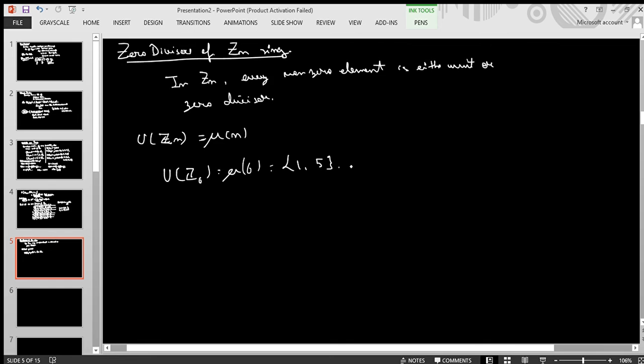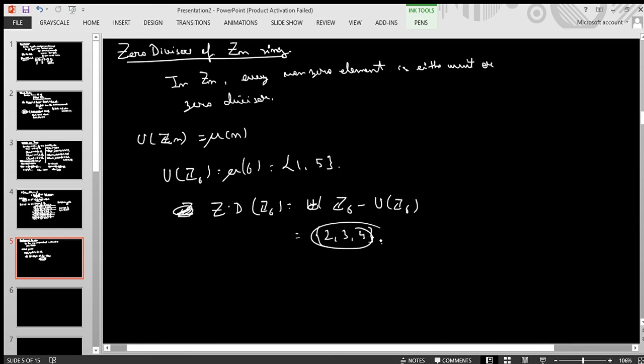So what are the elements left? Zero divisors of Z6 is equal to Z6 minus units. So 1 and 5 are gone, so you are left with 2, 3 and 4, and this is what we got there, right? So these are the zero divisors.